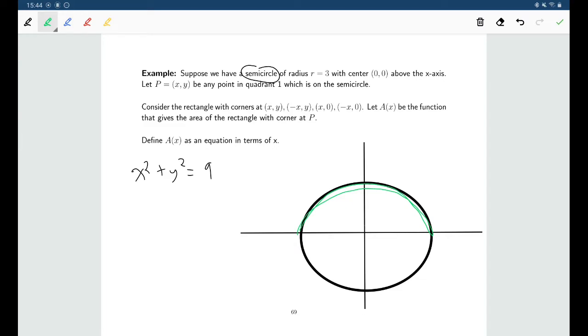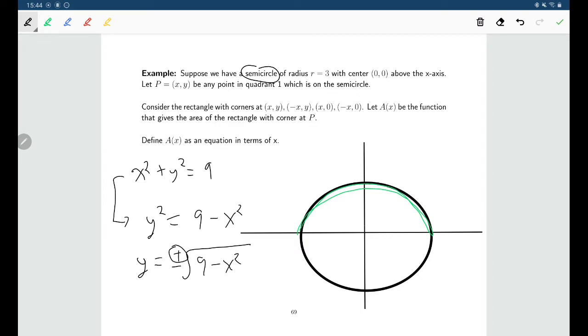And so I can get that by taking my equation for a circle and rewriting it. If I were to write it in terms of y, you'll notice that there would be two parts. There would be plus or minus the root of 9 minus x squared. The positive root would be the part that's above the x-axis, and the negative root would give the negative values for y, the part that's below the x-axis.